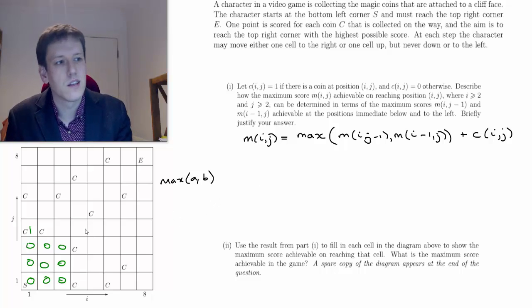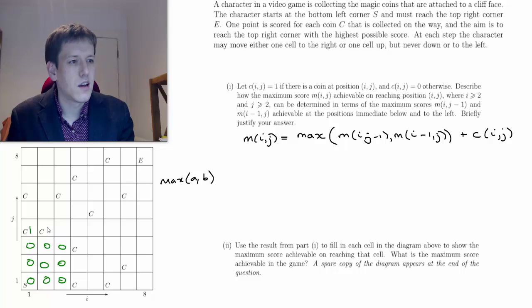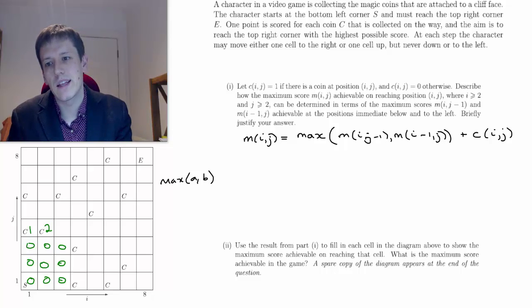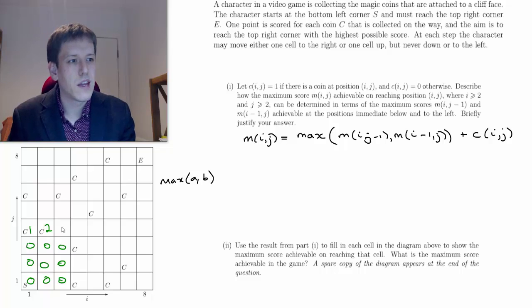So this cell here, the maximum of left and down is the left one here, which is 1, so I could have got 2 by this point, and then the one to the right here, the maximum of 2 and 0 is 2, so I can just keep filling these in.